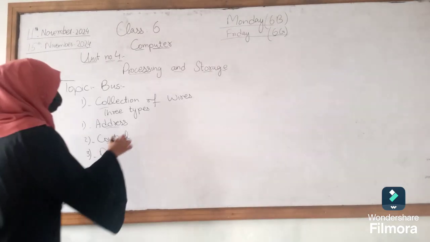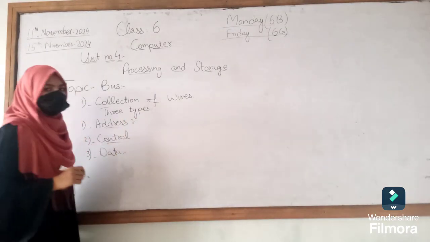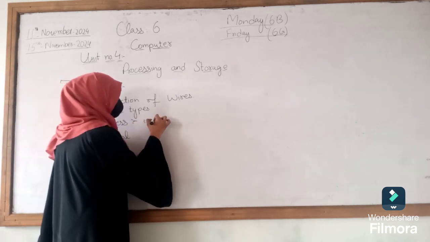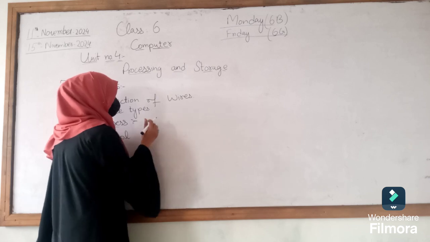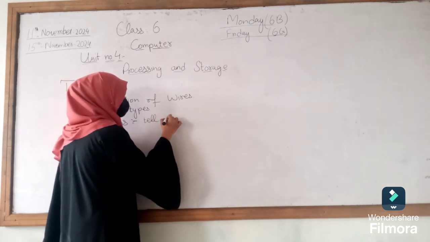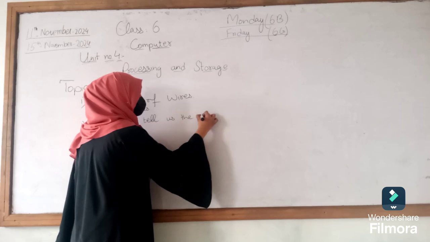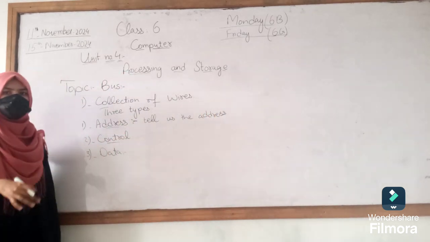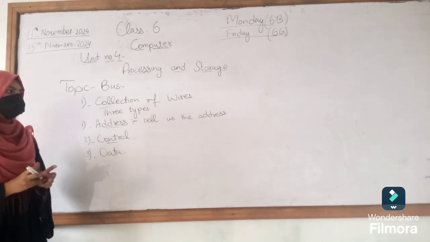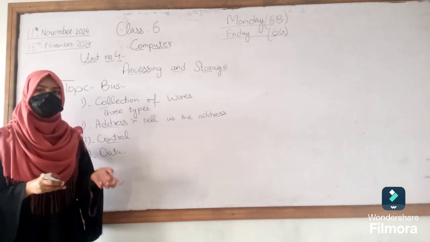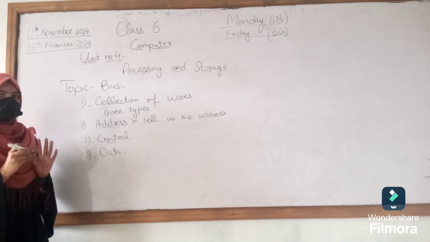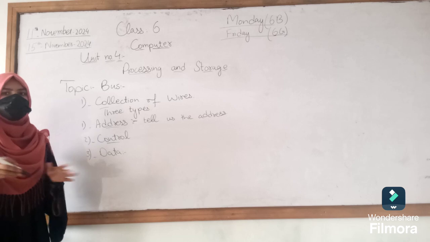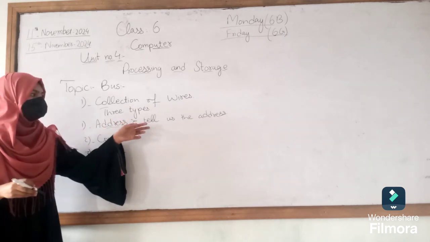The address bus is used, for example, when the data that you have stored in the memory, and you need to know where the data is stored, in the RAM memory or the ROM. So where the document is actually placed, the location of that specific data, in the RAM or in the ROM. So address bus is used to tell us the address.